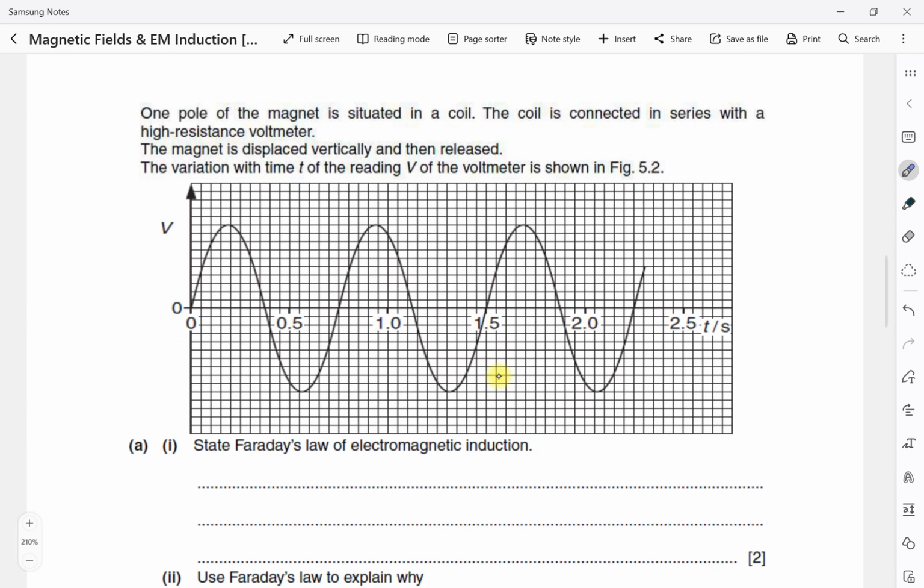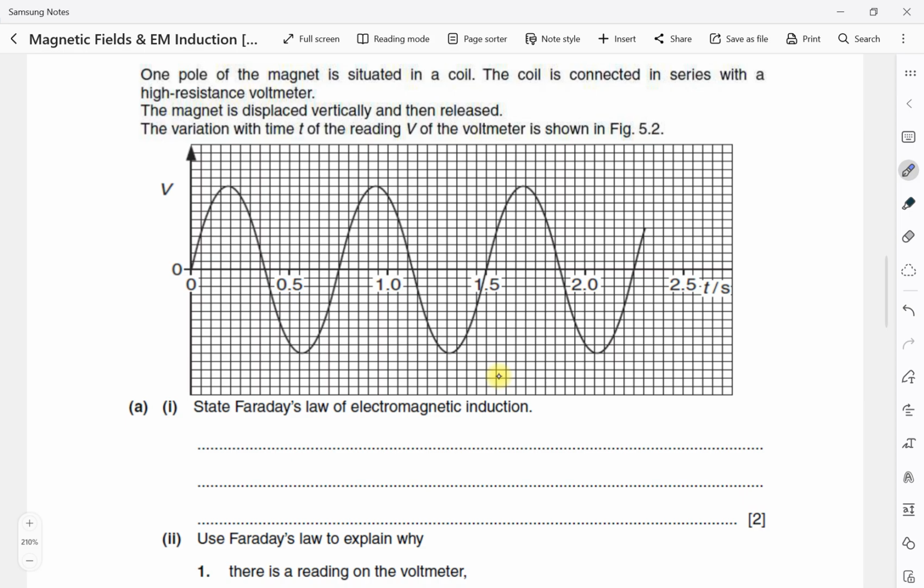State Faraday's law. We have already stated Faraday's law, but when I repeat a question, it's because I want to refer to it when answering the other parts of the question.